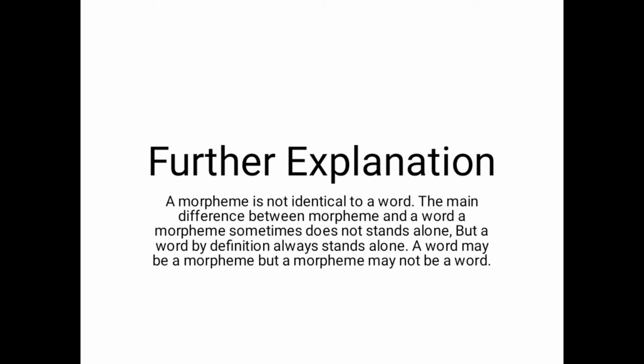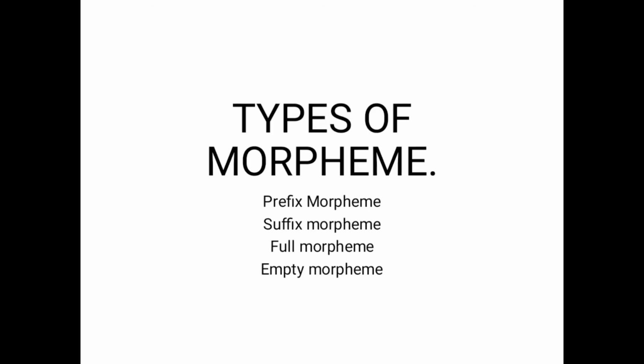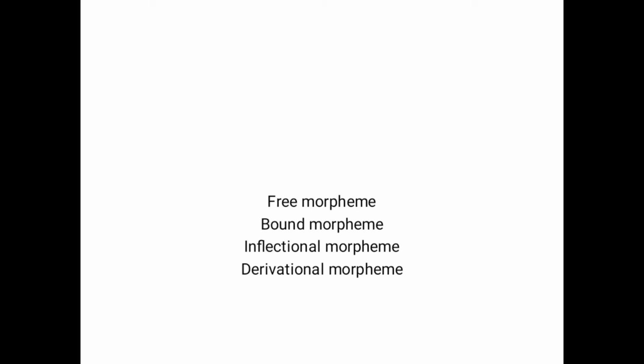Alright, so let's move on and look at some types of morpheme. Morphemes have so many types. Some of the types are prefix morphemes, suffix morphemes, full morphemes, empty morphemes, free morphemes, bound morphemes, inflectional morphemes, and derivational morphemes.